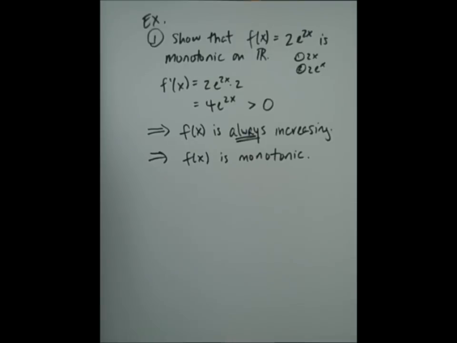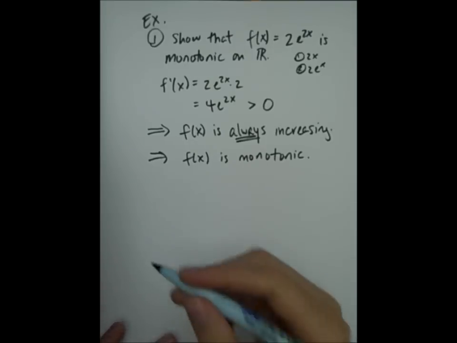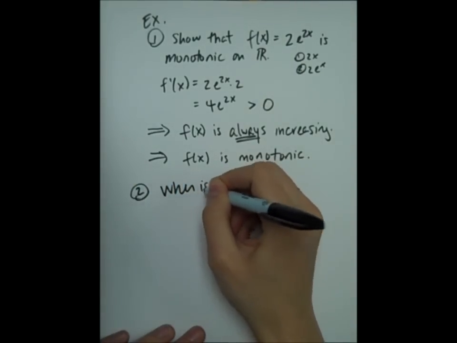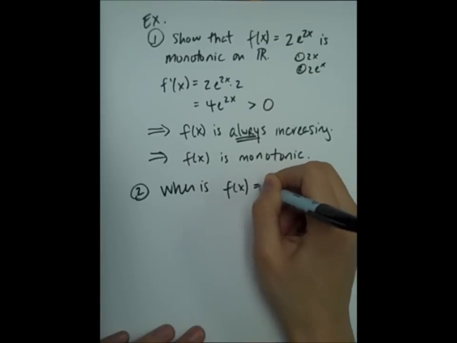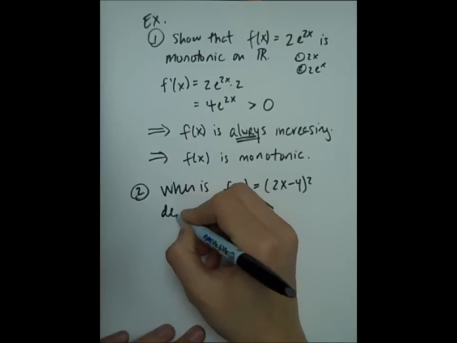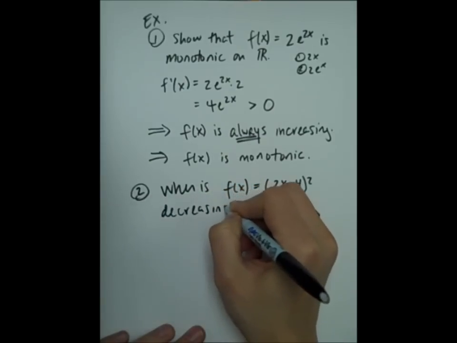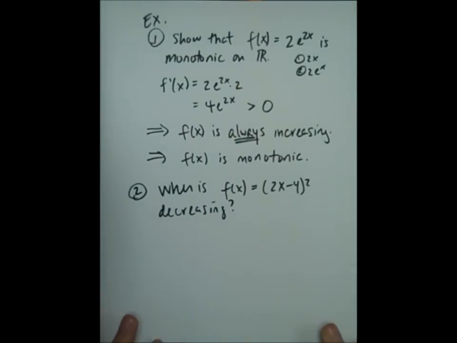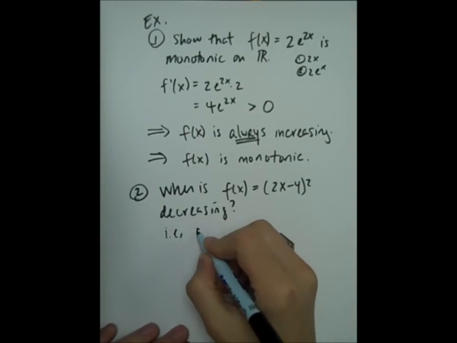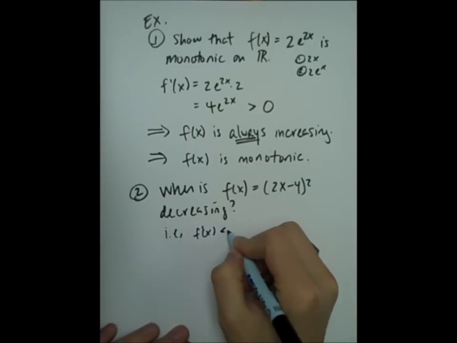Okay, so let's look at a different function. When is the function f of x equals 2x minus 4 squared decreasing? Whenever you think of decreasing, what you want to think in your head automatically is f prime being negative. So this is the same thing as saying f prime of x is less than 0.